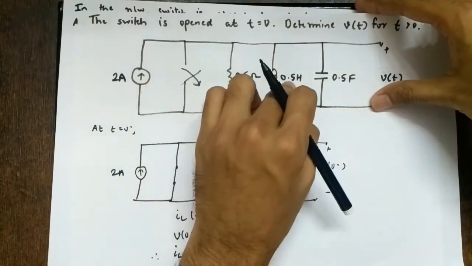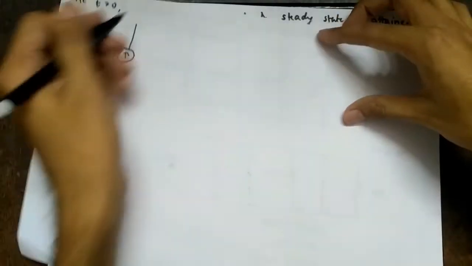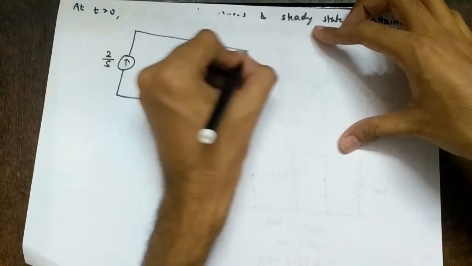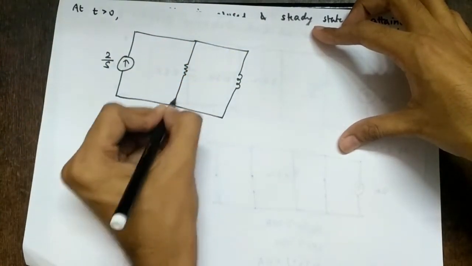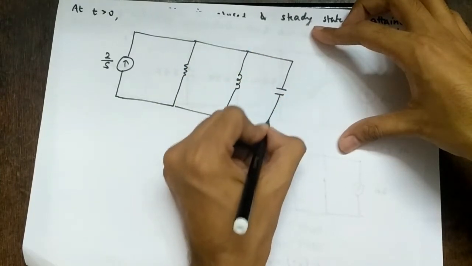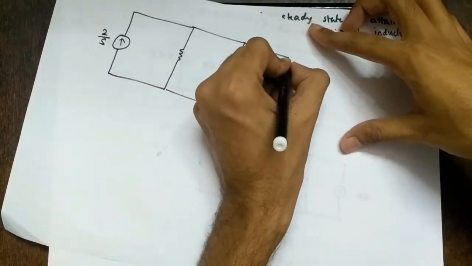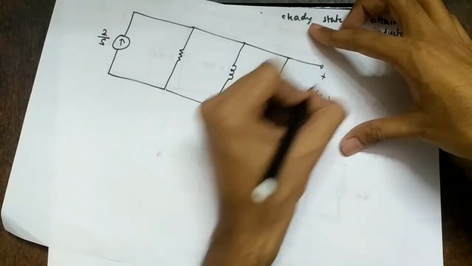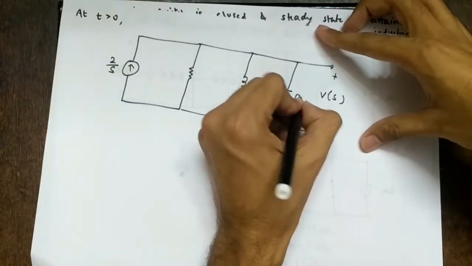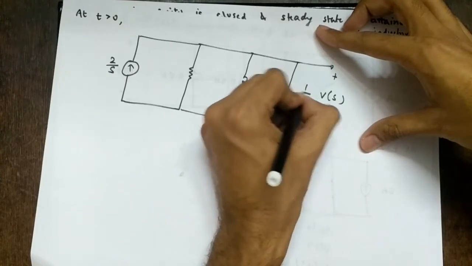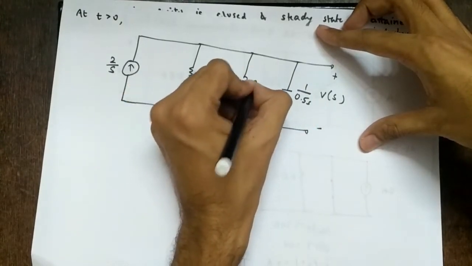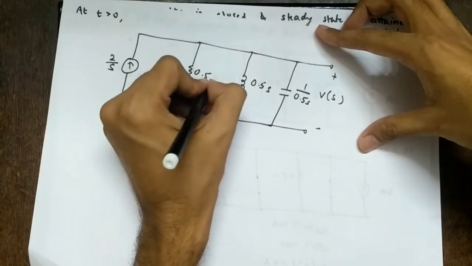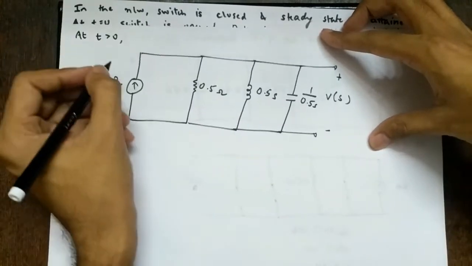So 0.5 ohms, 0.5 henry and 0.5 farad, and all initial currents and voltages are 0, so I can directly draw them, and a capacitor, right? And this will become v of s. So this is 1 by cs, which is 1 by 0.5 s. This will be Ls, so 0.5 s, and this is 0.5 ohms, and this is 2 by s, right?